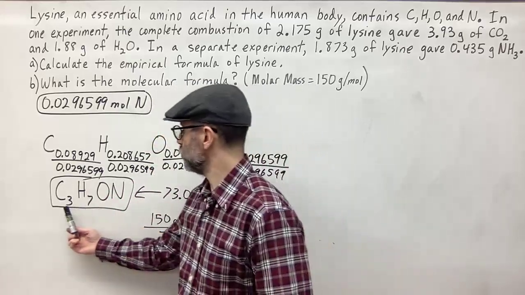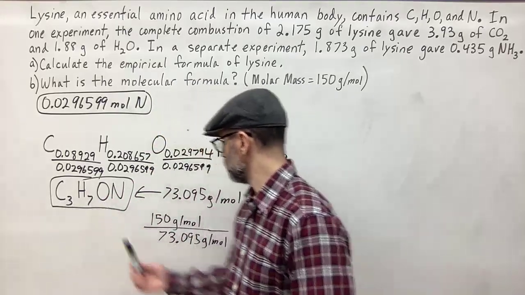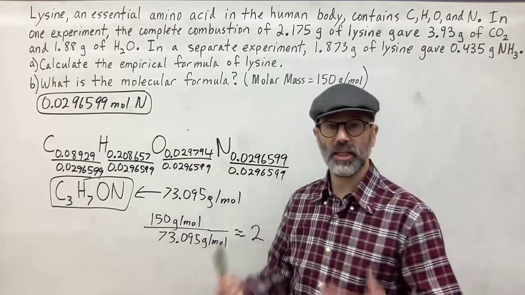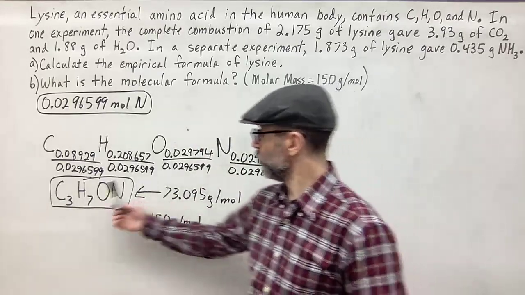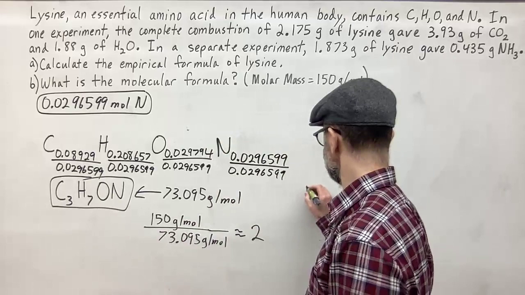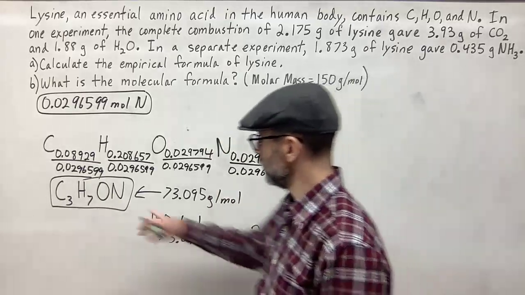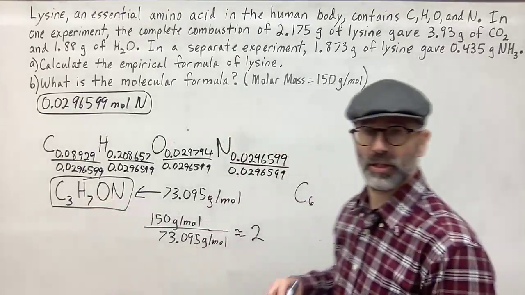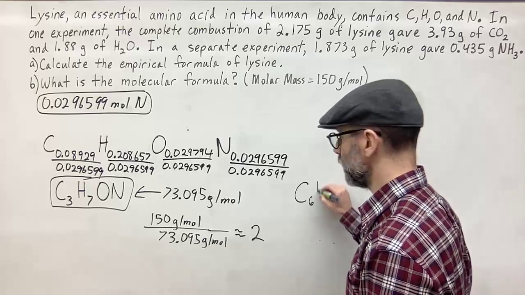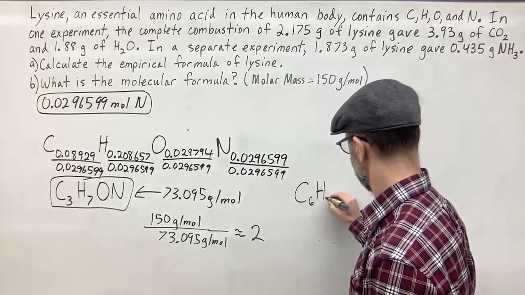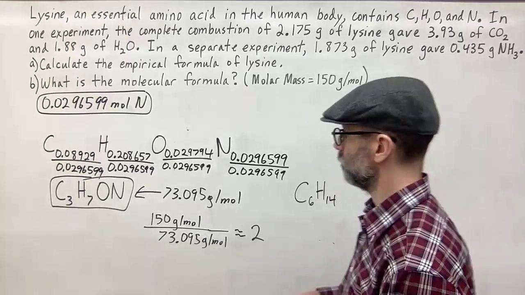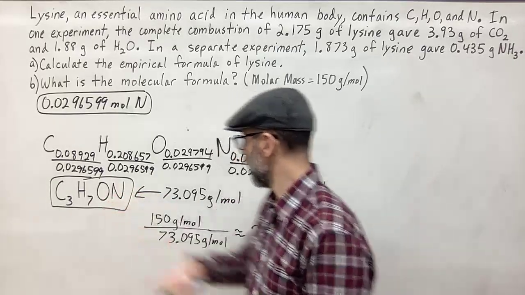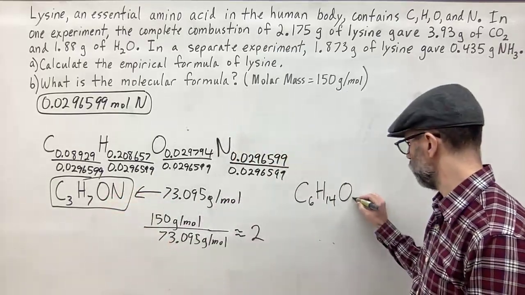So all we have to do now is multiply all the subscripts by 2, and we get the molecular formula. So 3 times 2 is 6. 7 times 2 is 14. 1 times 2 is 2, so this is going to be O2.